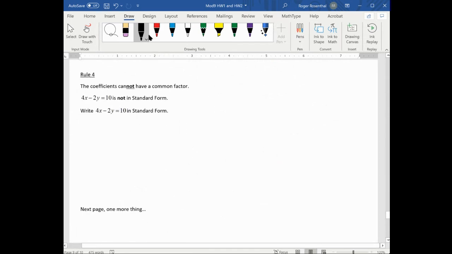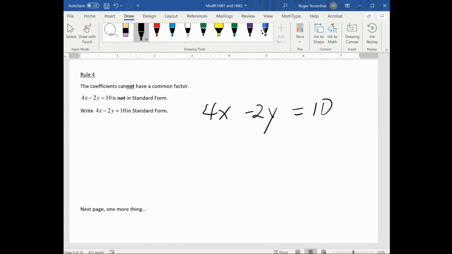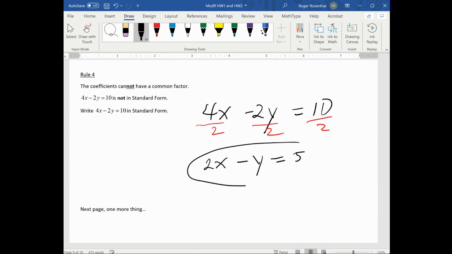Another rule, your three numbers cannot all have a common factor. So how can we take 4x minus 2y equals 10 and put it in standard form? By dividing out the common factor, which in this case is 2. That gives us 2x minus y equals 5.